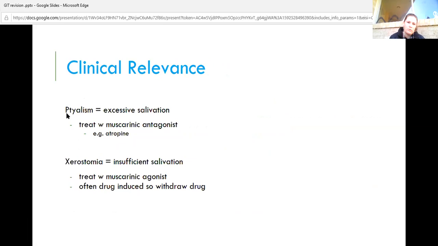And the clinical things related to it is botulism, excess salivation. It doesn't really come up, so don't worry about it. But if there's too much parasympathetic, you want to do the opposite, muscarinic antagonist. And insufficient, you want to increase the muscarinic effect.